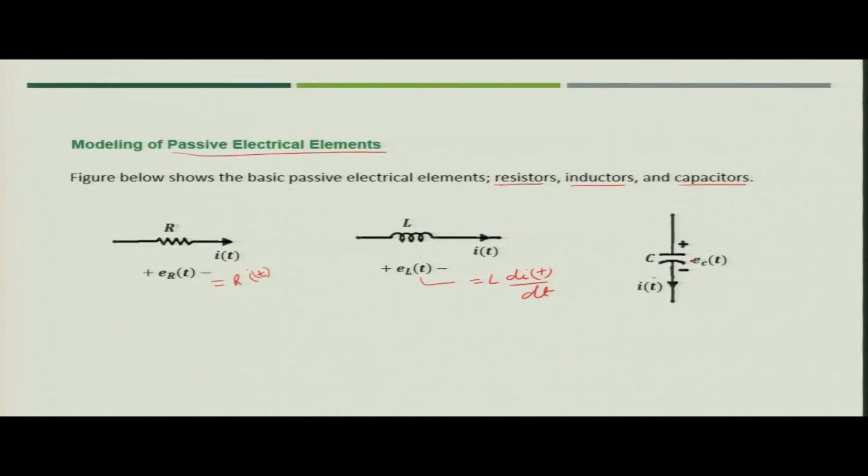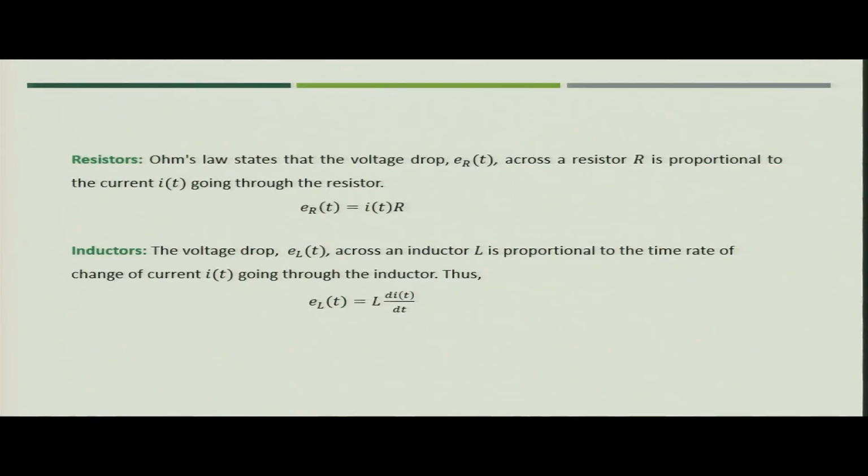And for the capacitor, we have seen the current I in terms of the voltage across the capacitor. That is, I is nothing but C d by dt of the voltage across the capacitor at any time t. So, C d by dt is the current which is flowing through the capacitor. So, this is what we have already discussed.